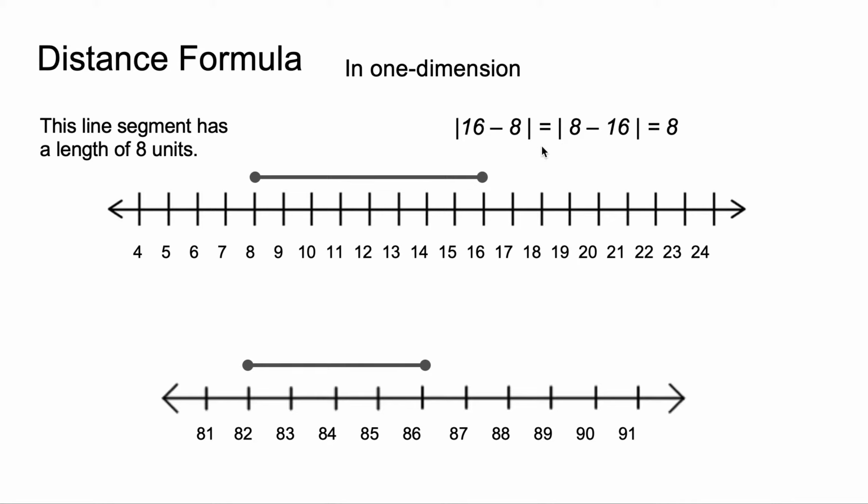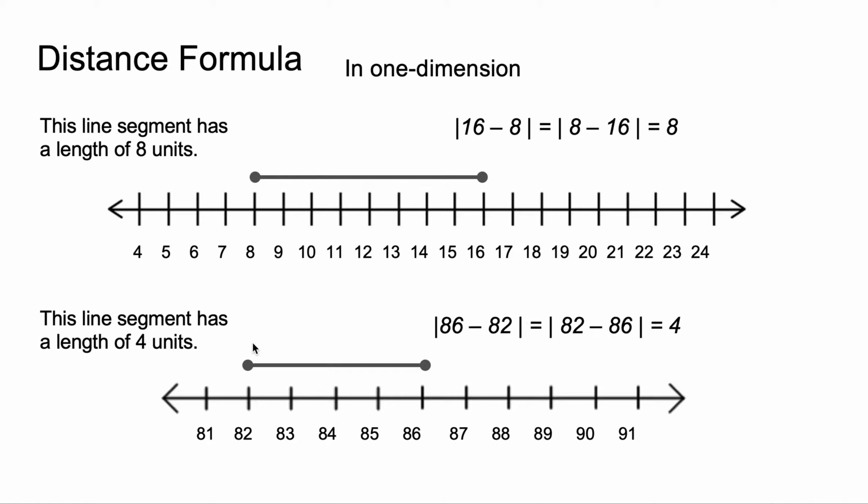Just by the way, 8 minus 16 is negative 8, but the absolute value of that is 8. This one here, 1, 2, 3, 4 units long, but of course 86 minus 82 is also 4. And 82 minus 86 is negative 4, absolute value of 4.